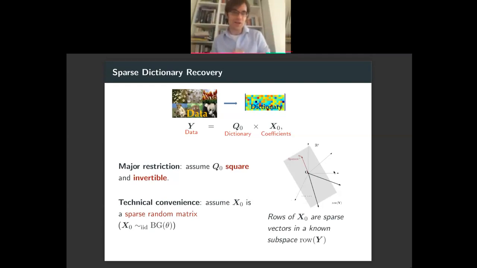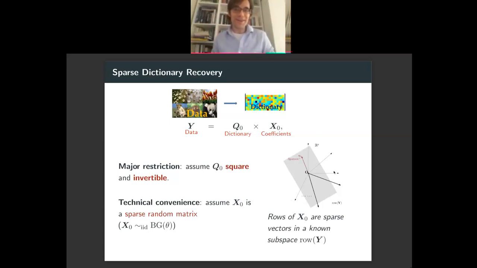The technical convenience is that I'm going to assume that the coefficients x0 are sparse and chosen at random. So each one is on with some probability theta, and when it's on, in the model, it's a Gaussian random variable. Of course, this can be relaxed to some extent. But the big restriction here is that we're thinking about square dictionaries.